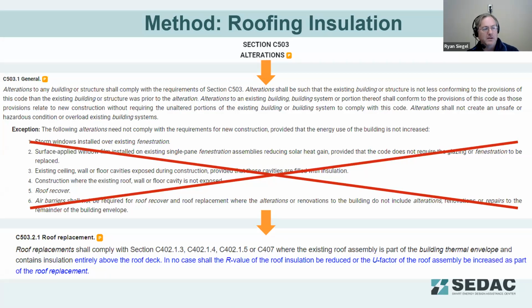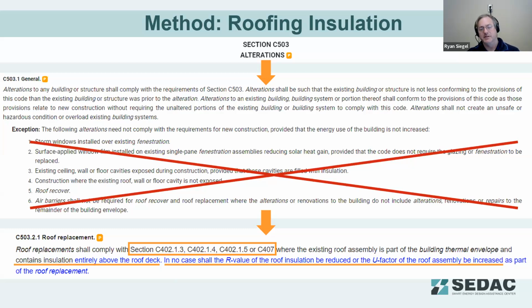So as part of that roofing replacement, here are all the provisions that it calls out. Again, I will note that Illinois has recently passed an amendment that codifies and makes this one a little bit more clear.